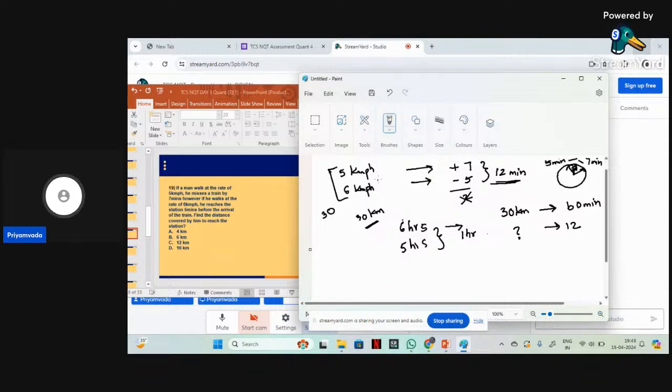We took the LCM of these numbers and we got 12.